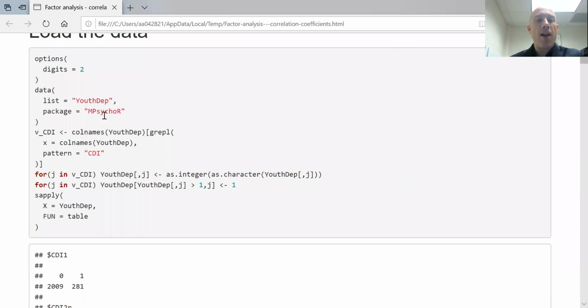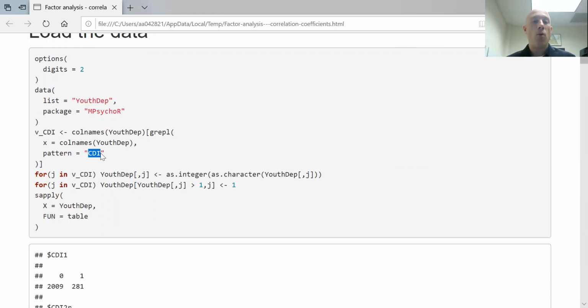All right, so we have this data, and if I look at this, I'll notice that the CDI columns, which are part of the youth depression index, have 0, 1, or 2 in there. It doesn't explicitly state it in the textbook, but it's implied that 0 is less than 1, and 2 is greater than 1.